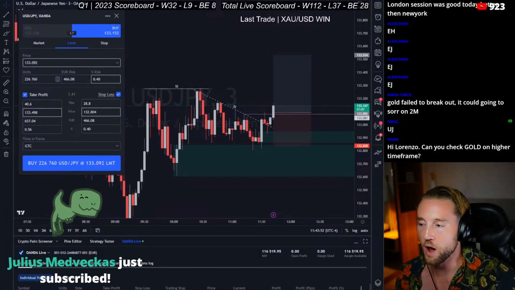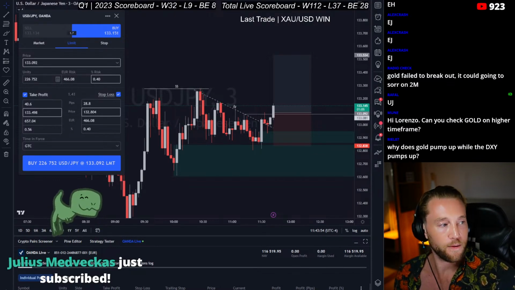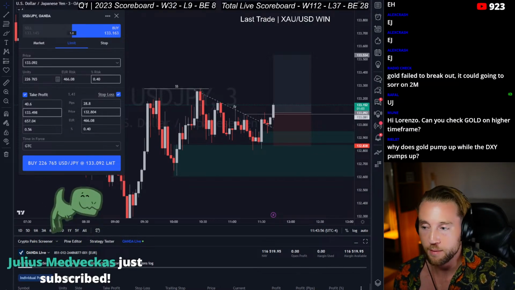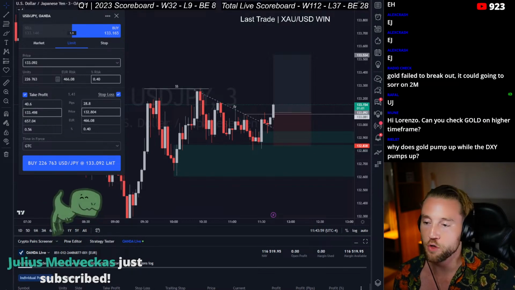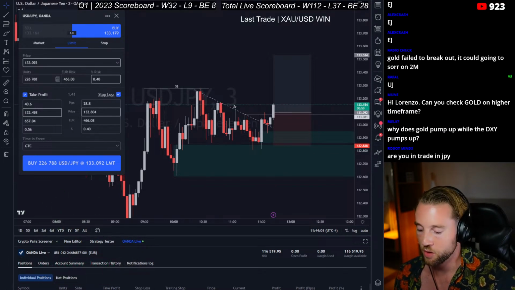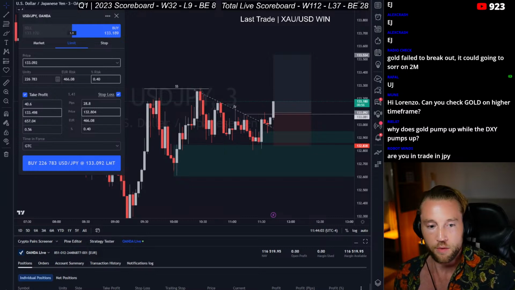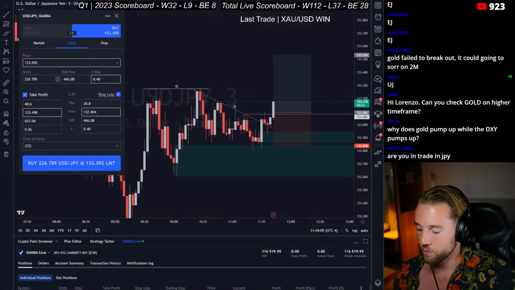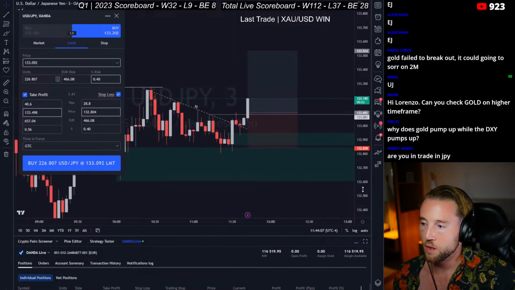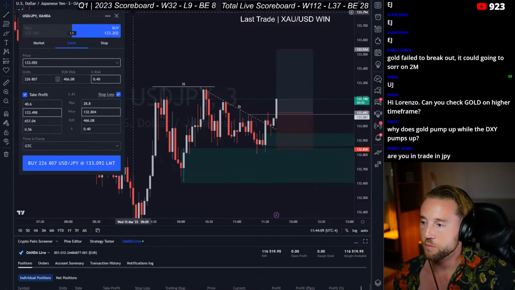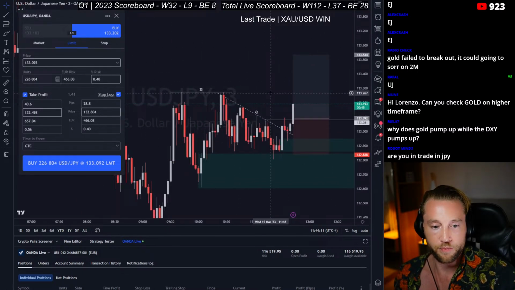I exited at 250 pips. I do not count pips usually, but this one was to get an understanding of how big that move was. That was the move.